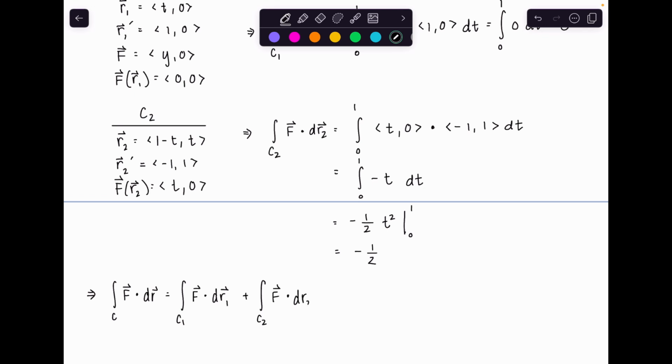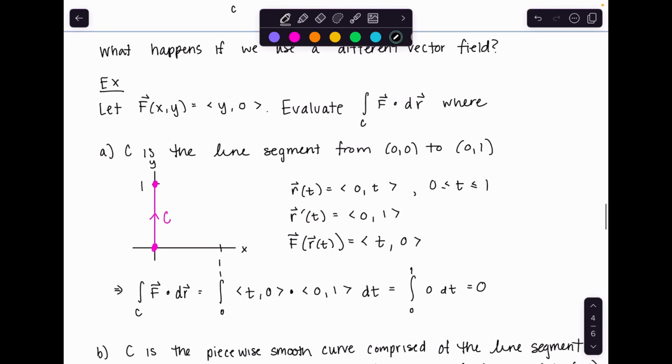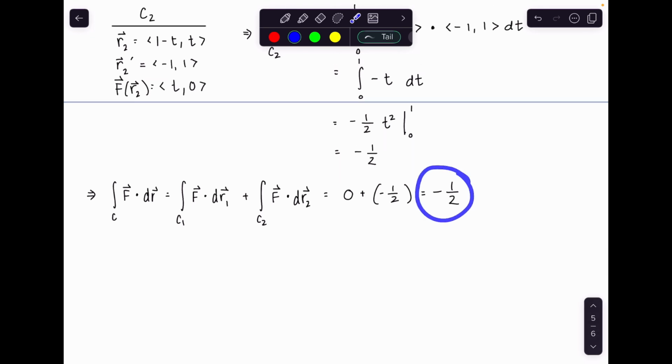The first one we found is 0, the second we found is negative a half. So overall this is equal to negative a half, which is not what we got for the other path, which had the same starting and ending values. We found that one overall equaled 0, but with the same starting and ending values, a different path led us to an answer of negative 1/2.